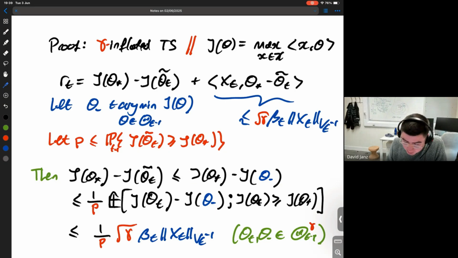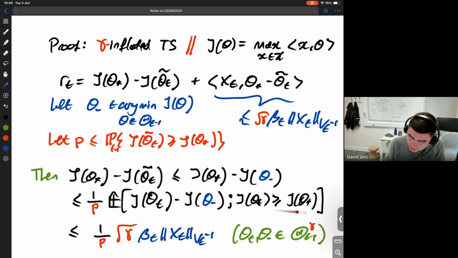And this J of theta star, on the event where we are optimistic, on the event that the value of theta tilde t exceeds the value of theta star, is upper bounded by J of theta t, and you end up paying a cost of 1 over p, this conditional probability of optimism.